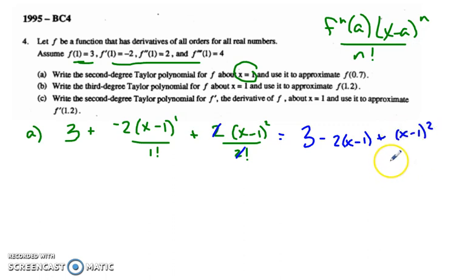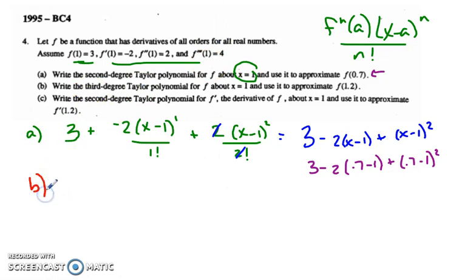So that is our second degree Taylor, and we are going to use it to approximate f of 0.7, which will give us 3 minus 2 times 0.7 minus 1 plus 0.7 minus 1 squared. And yes, I can work this out if I want to, or I can just leave it exactly like this and get full credit, which I'm going to do right now, because you guys are going to give me full credit for having written that.